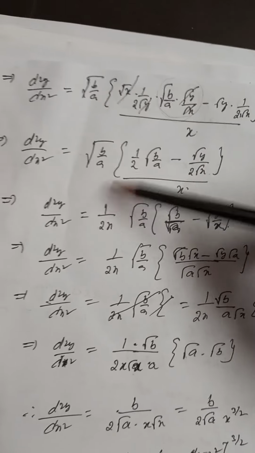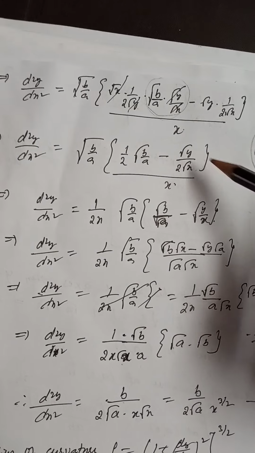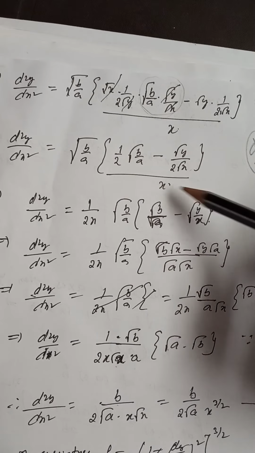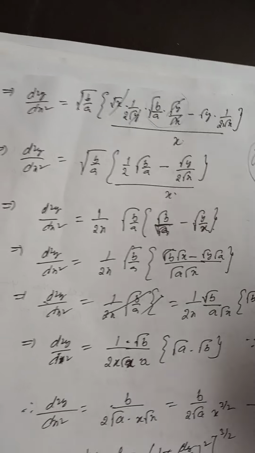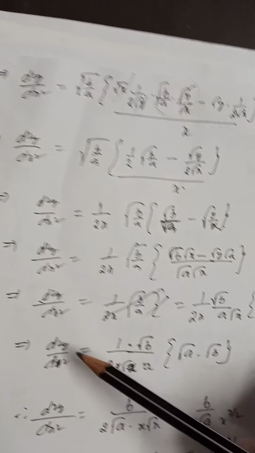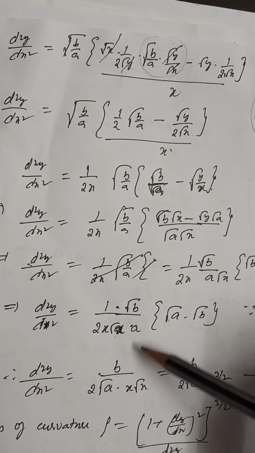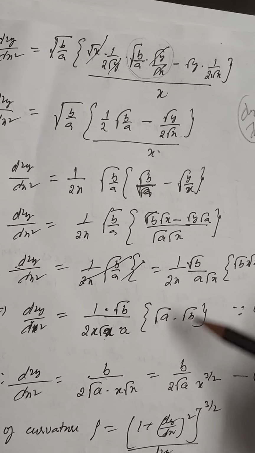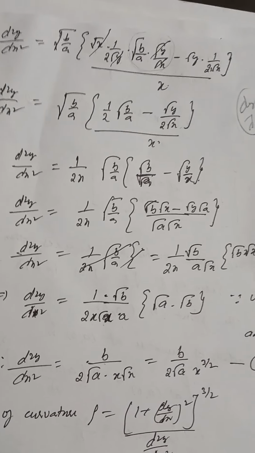Now after simplification, d square y by dx square is equal to multiplying inside, or you can take 1 by 2 as a common element. Now by taking LCM and the common element, I am getting d square y by dx square is equal to 1 by x into root x, square root of b by a into square root of a into square root of b, right?